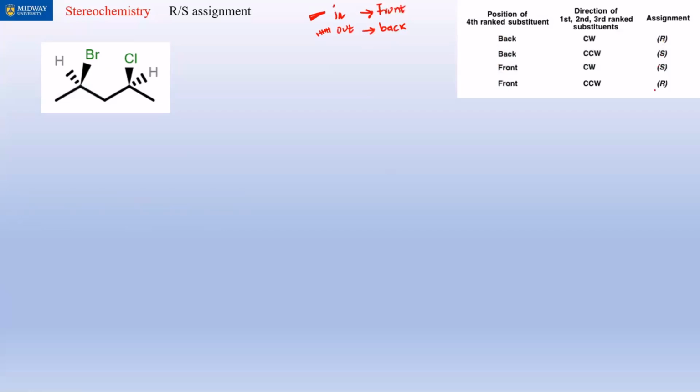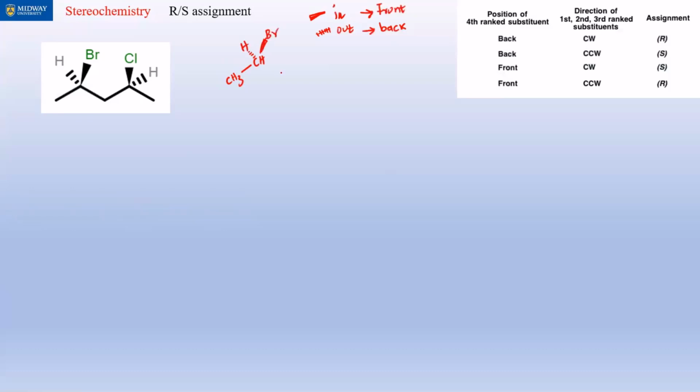Okay, now without a polarimeter, we have to come up with alternate ways of determining R and S. So let's go to this. If I just quickly draw this, if you think about it, this is methyl, CH3.